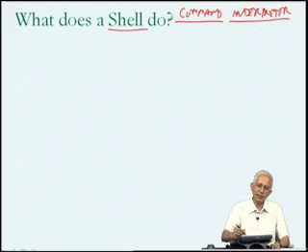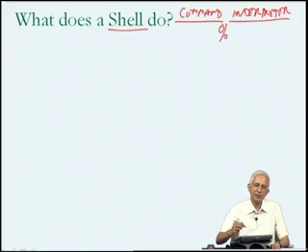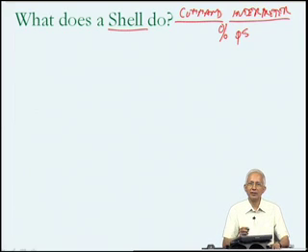We had examples where, in response to the request from the shell for a command, if I typed in PS, which is the command that can be used to get status information about the different processes running on a system, then the shell would take the information from me and cause the PS program to execute, and I would see the output from the PS program on the screen. So basically that's what a shell does.